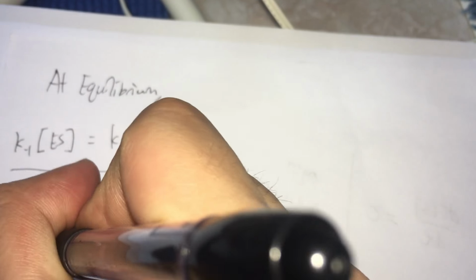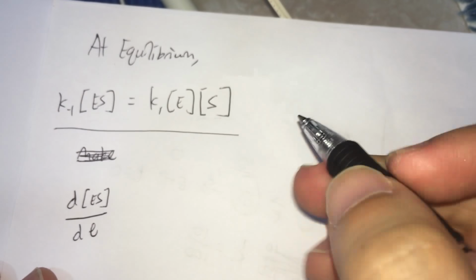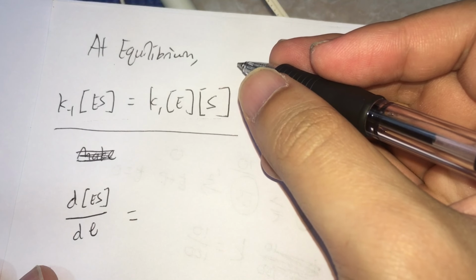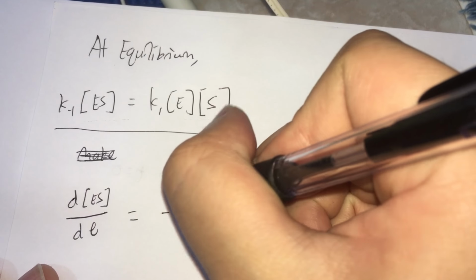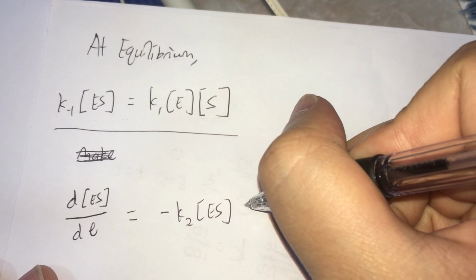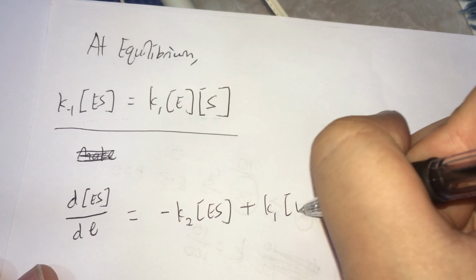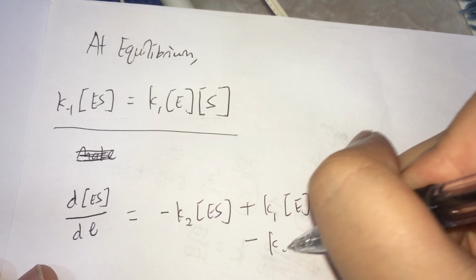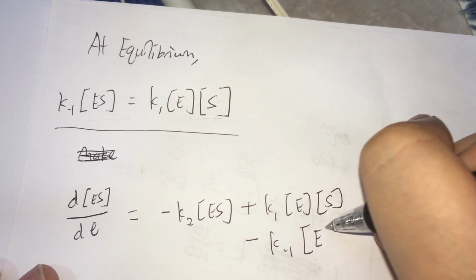And so dES/dt, as you can see here, will equal negative k2 times ES plus k1 times E times S minus k inverse ES.